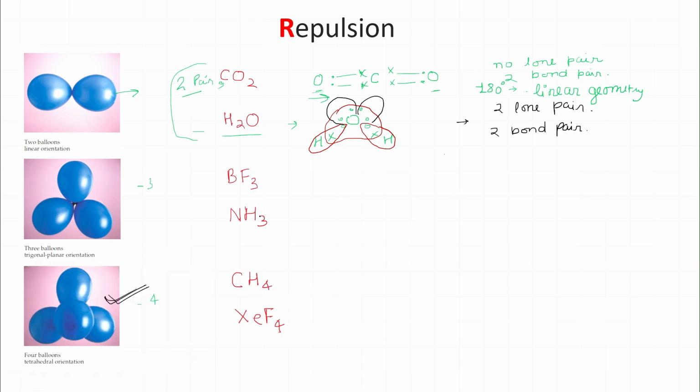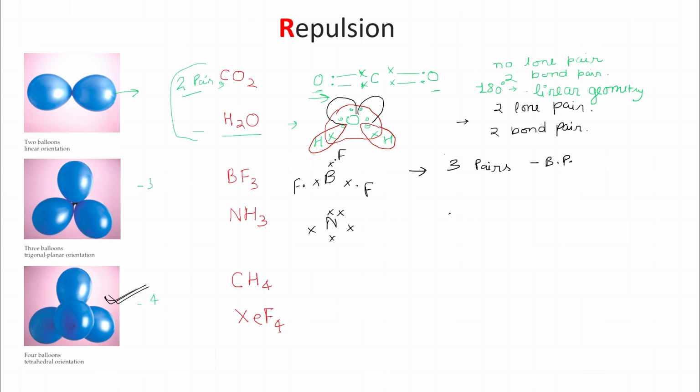Okay, so moving on, this will also have the same thing, where one of the examples has a lone pair and another one doesn't. So in this case, 3 pairs to arrange, and 3 of them are bond pairs.